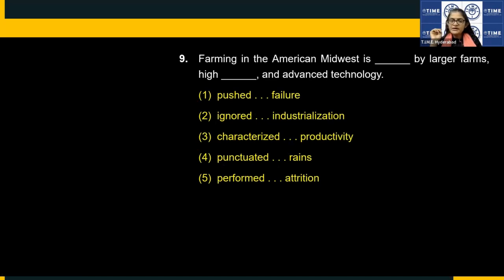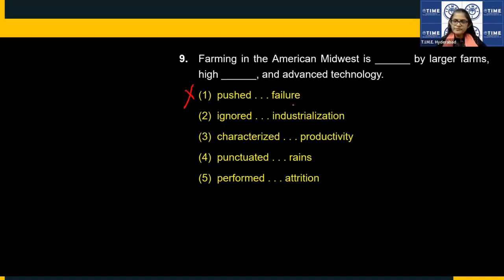Farming in the American Midwest is dashed by larger farms, marked by or characterized by, right? Larger farms, high dash, and advanced technology. Okay, so it is a positive sentence. Let's see. Pushed by larger farms, high failure, and advanced technology. That does not make any sense.